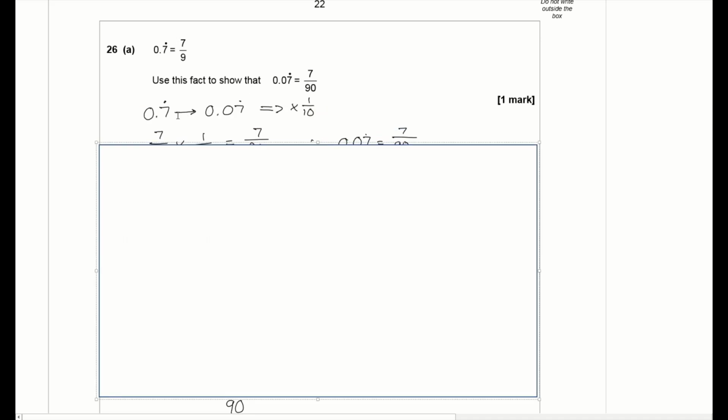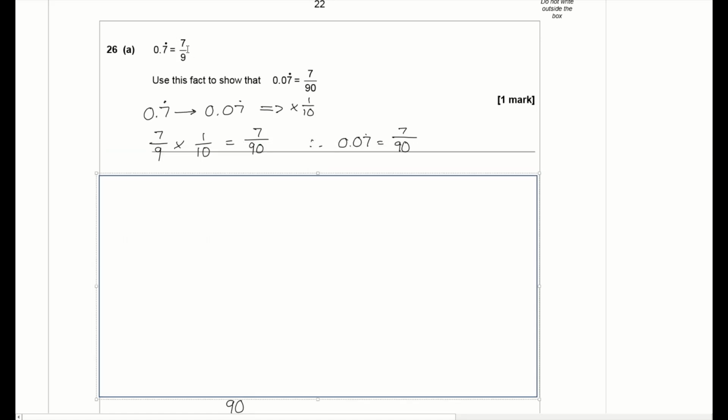So we can see here that 0.7 recurring to 0.07 recurring is times by 1/10, which would mean 7/9 times by 1/10 should effectively generate the given value, and that's all they want you to do here. So 7/9 times 1/10, 7 times 1 is 7, 9 times 10 is 90, gives you the required result. That's all they want you to do there.